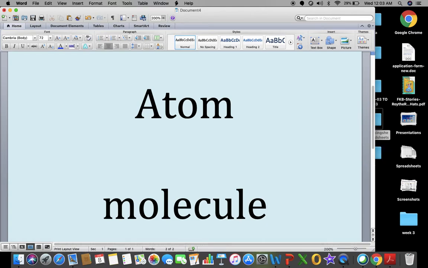When two or more atoms join together, then they form a molecule. So, all states of matter are made up of atoms or molecules.